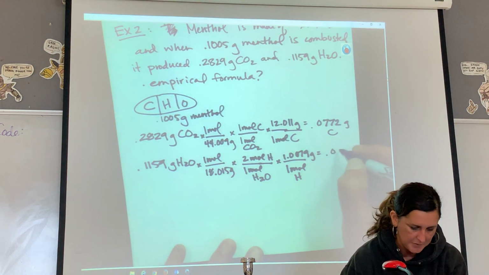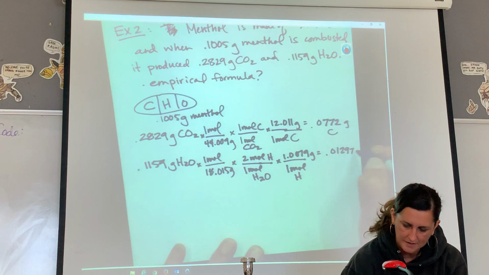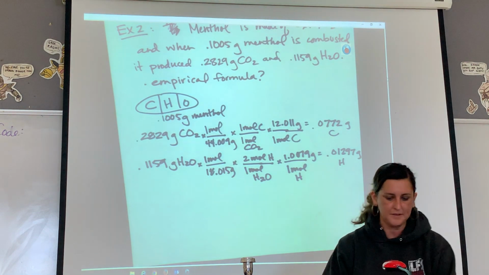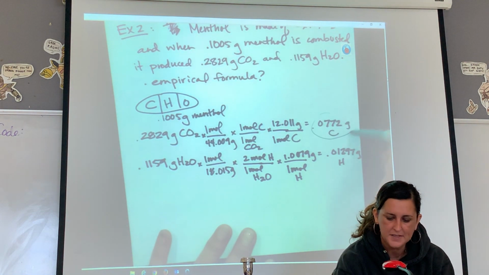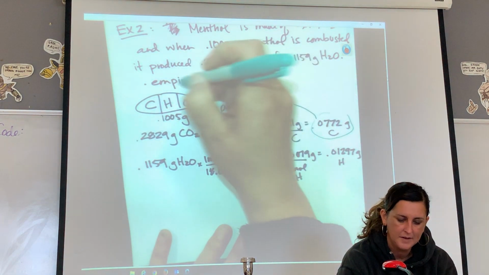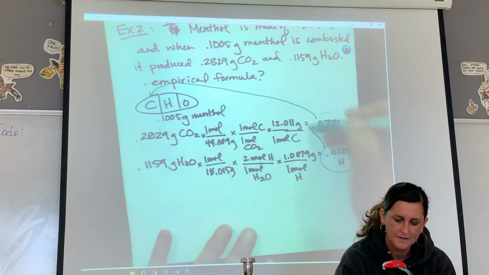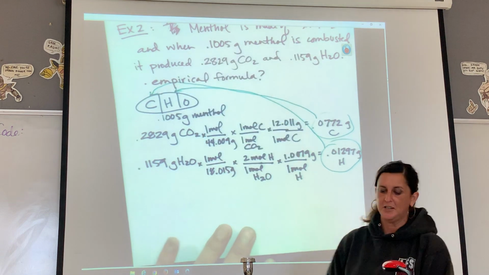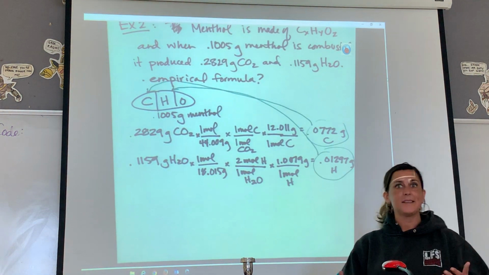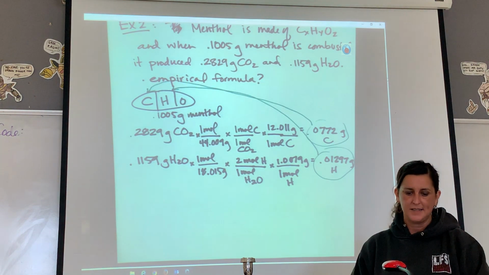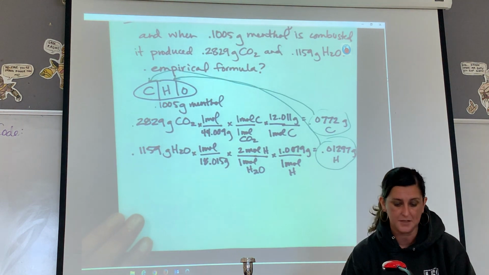And we get 0.01297, and that's grams of hydrogen present in the original sample. So you can think in your head, all right, I know this amount is the carbon, and this amount is the hydrogen. So with that diagram, it's pretty easy to envision that all we have to do is subtract to get the grams of the oxygen.